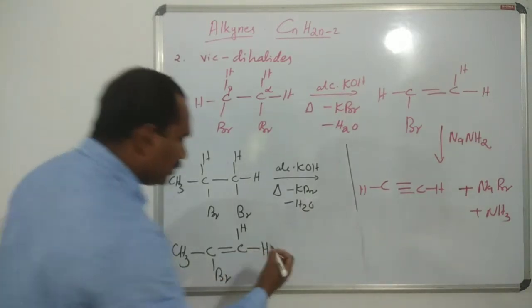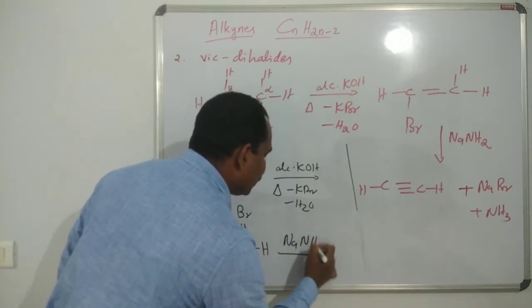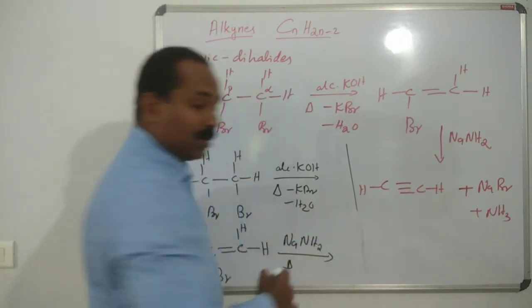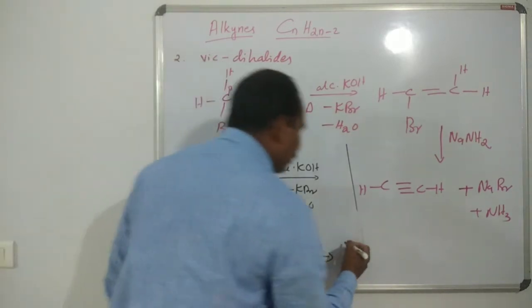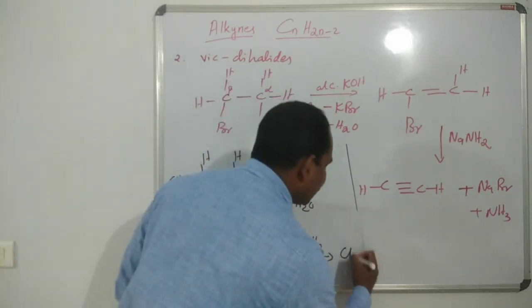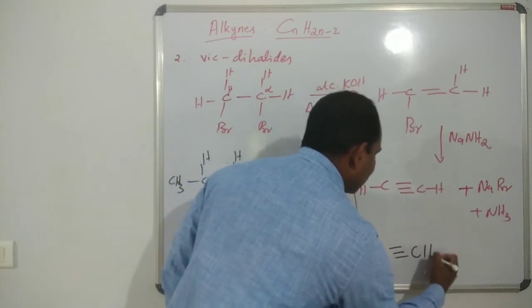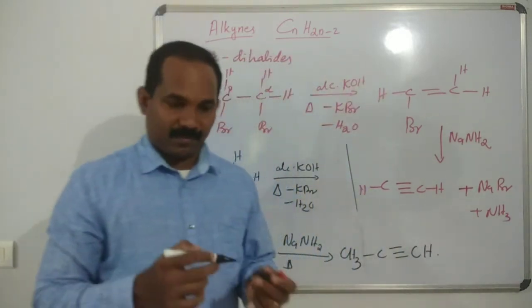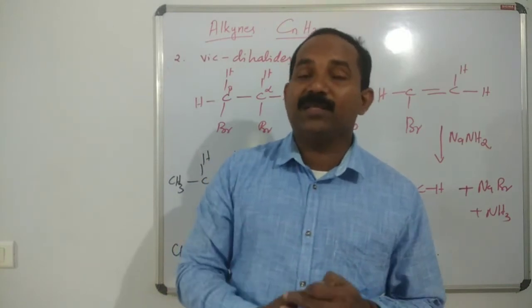Are you clear? Then it is heated with sodium amide. What we get? This bromine and one of the hydrogens are removed, giving CH3 C triple bond CH. In our textbook, only the preparation of ethyne is given.